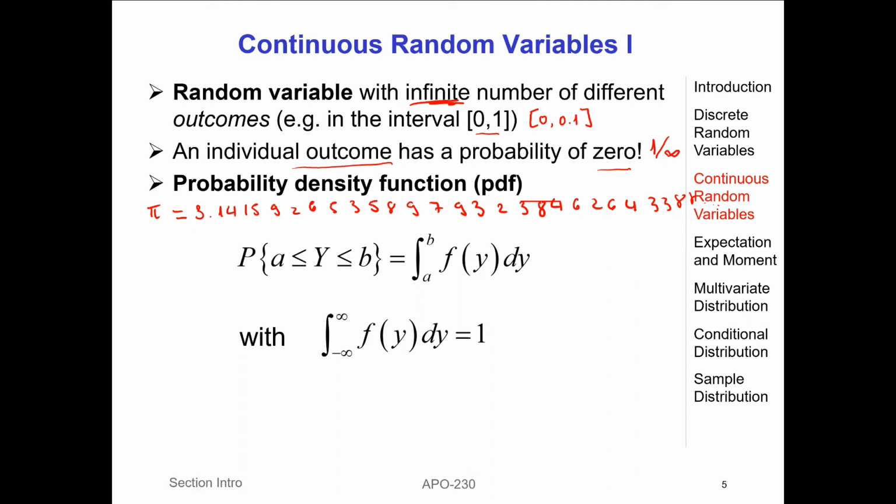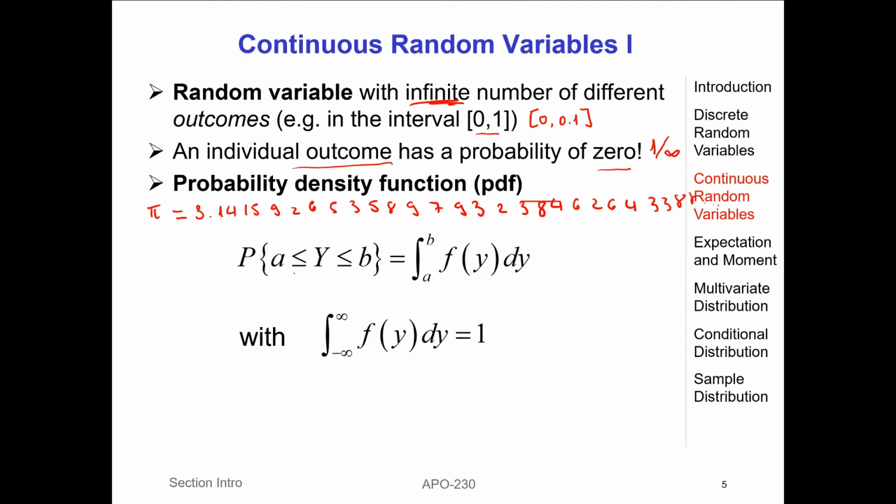So each possible outcome has probability of 0. Therefore, we could not write it as before. Remember, in the discrete case, we have P(Y = y) = f(y), right? And now that's not possible anymore.